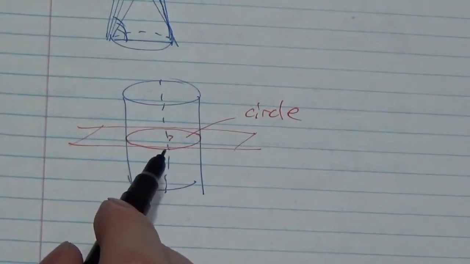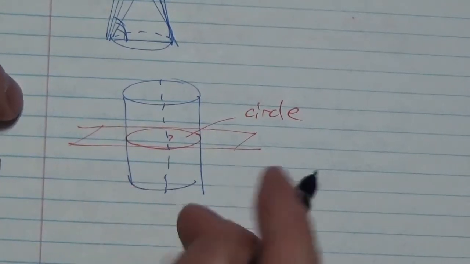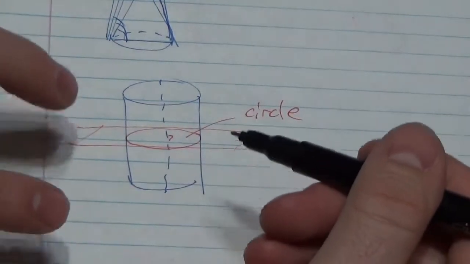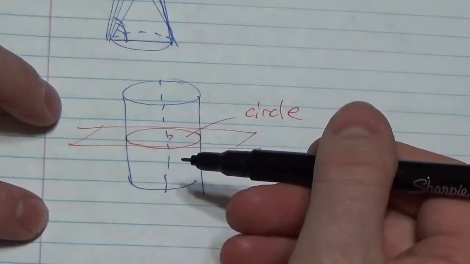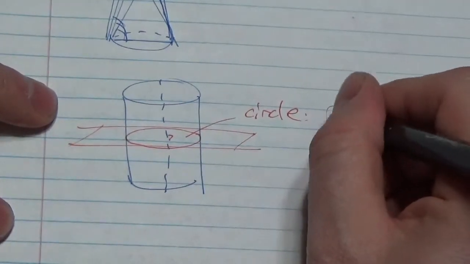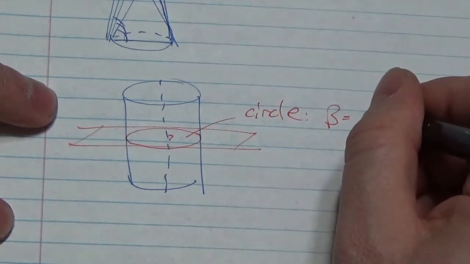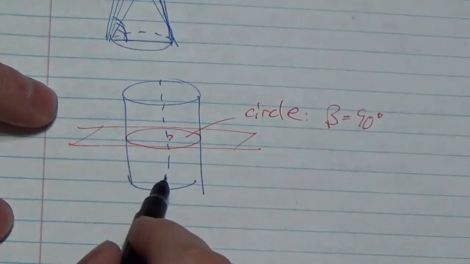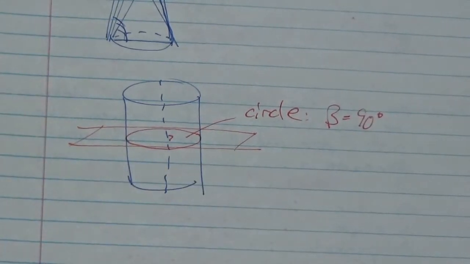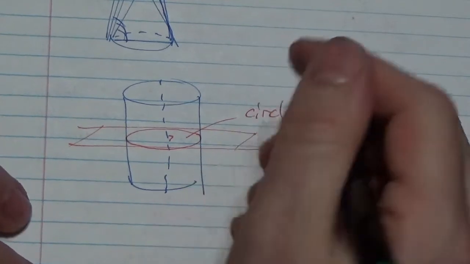So I still get the same shape, even though I'm now looking at a cylinder here. When I cut that perpendicular, when my beta, my cutting angle, is 90 degrees to the axis of symmetry, I'm still getting a circle.